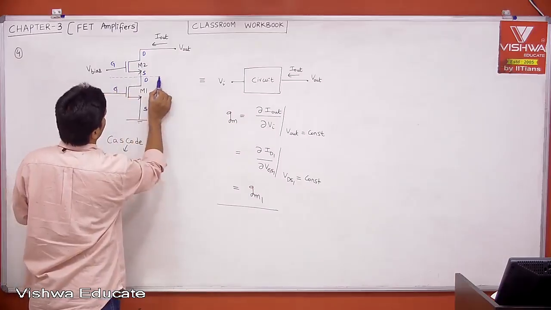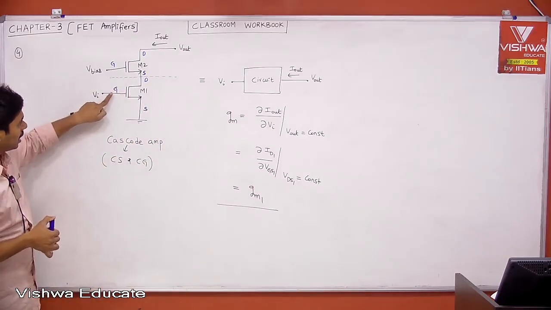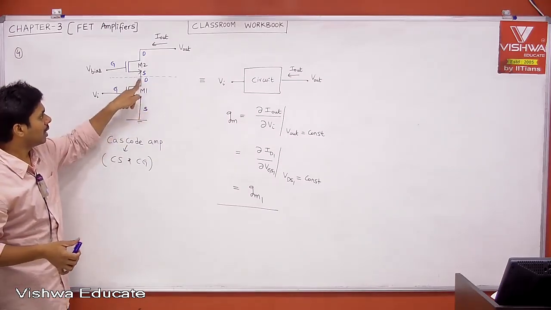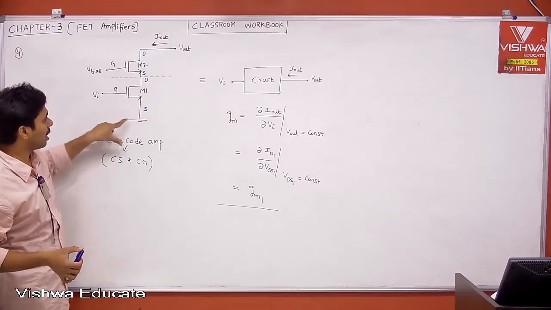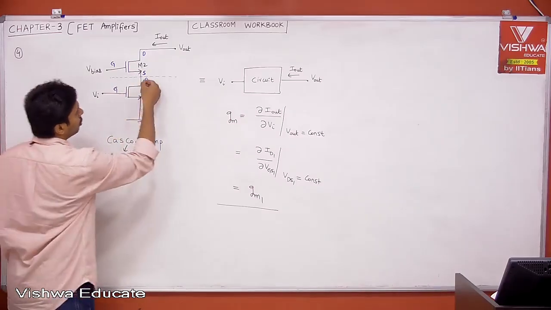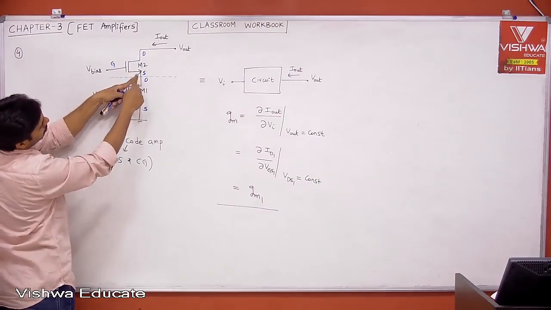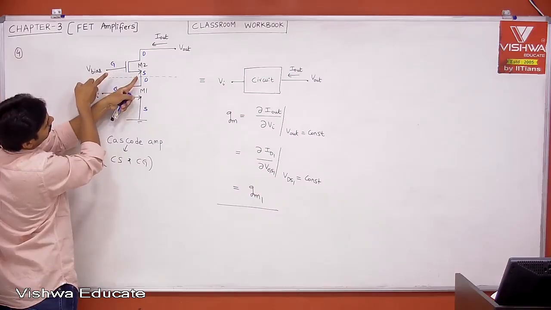If I separate it like this, you see here we are applying the input voltage at gate with respect to source. Let us say this is the output of the first transistor, taking output voltage at drain with respect to source. This is common source configuration. Whatever output you got, we apply to transistor M2, at the source.